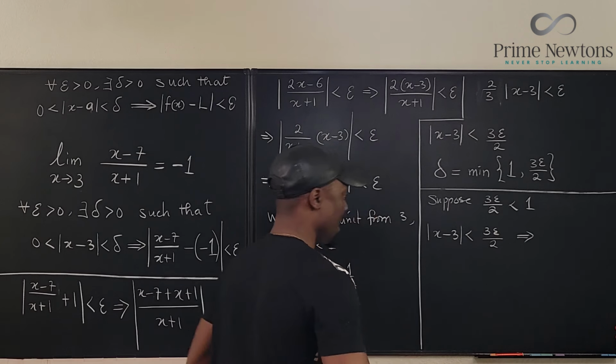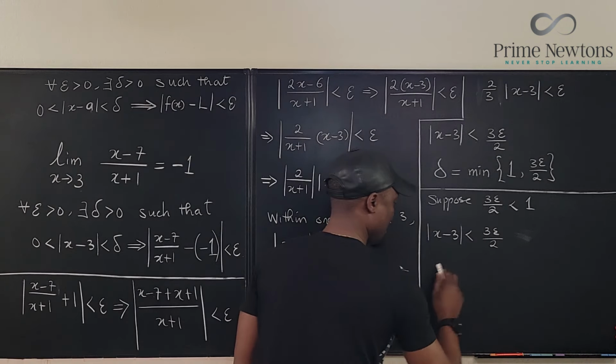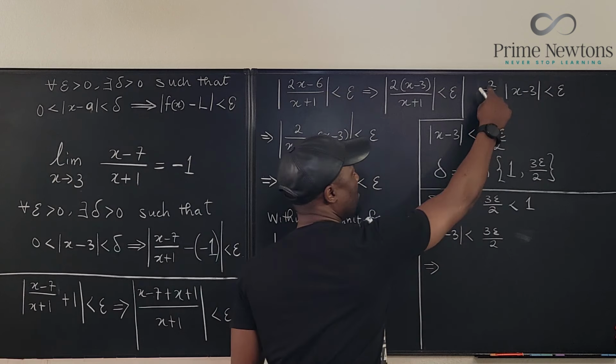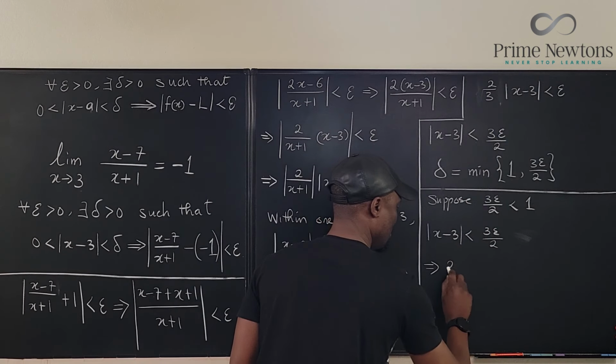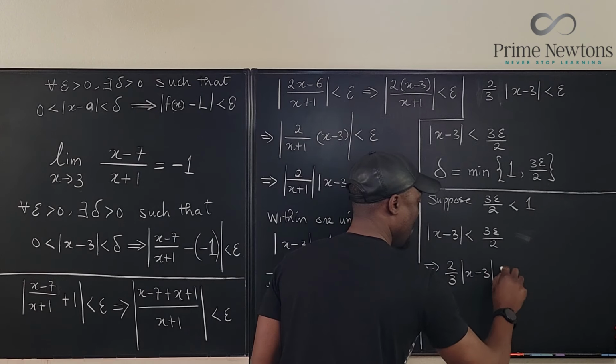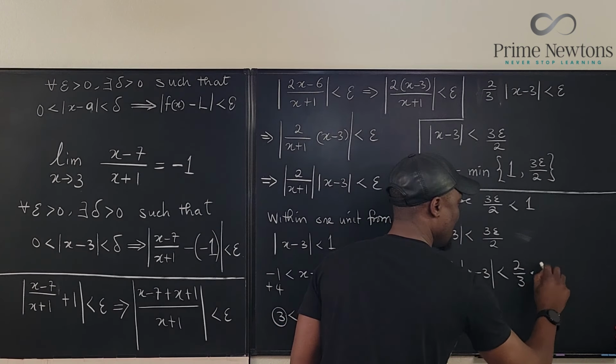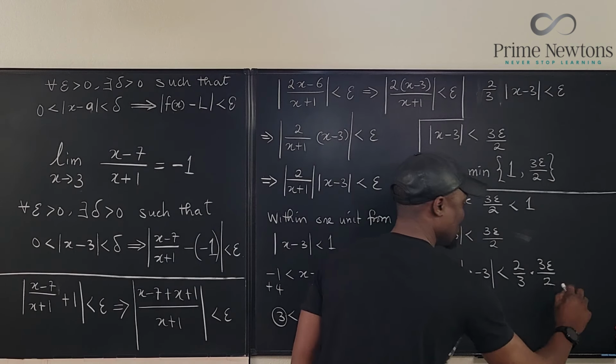So what we'll say is we're going to multiply this by 2/3. This implies if I multiply this by 2/3, 2 over 3, absolute value of x minus 3 must be less than 2 over 3 of 3 epsilon over 2.